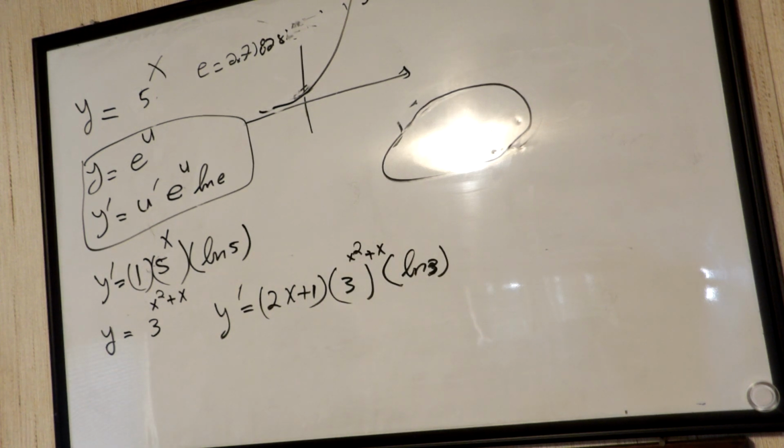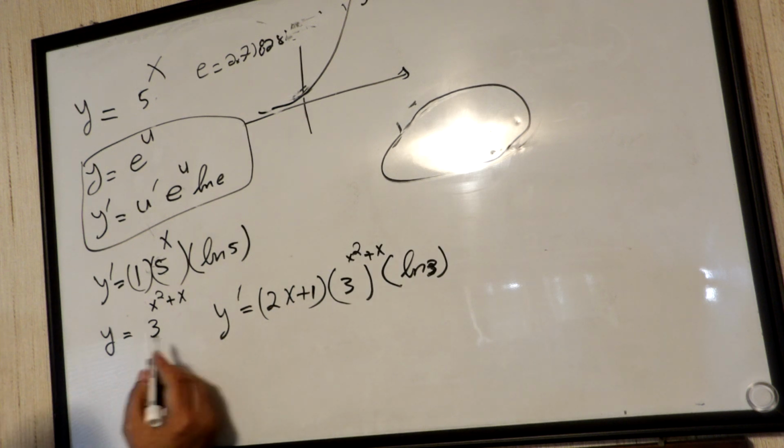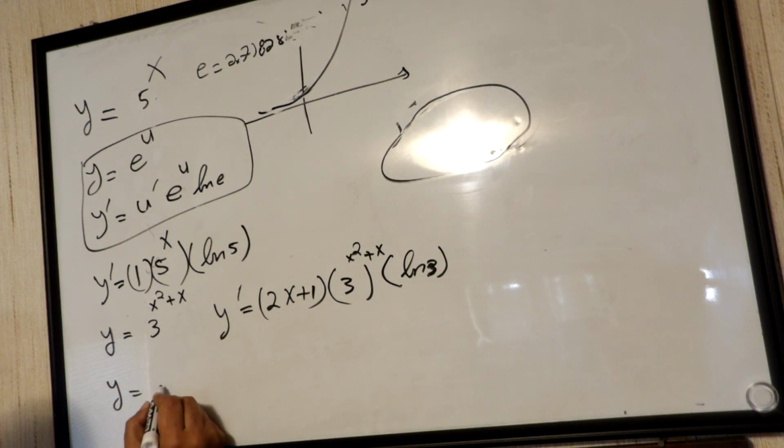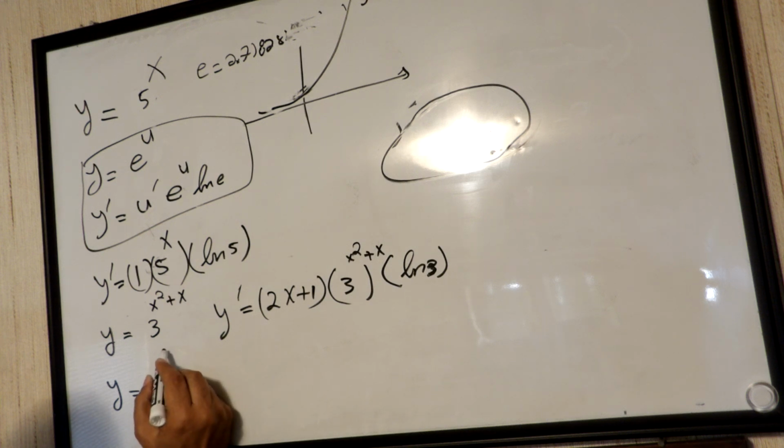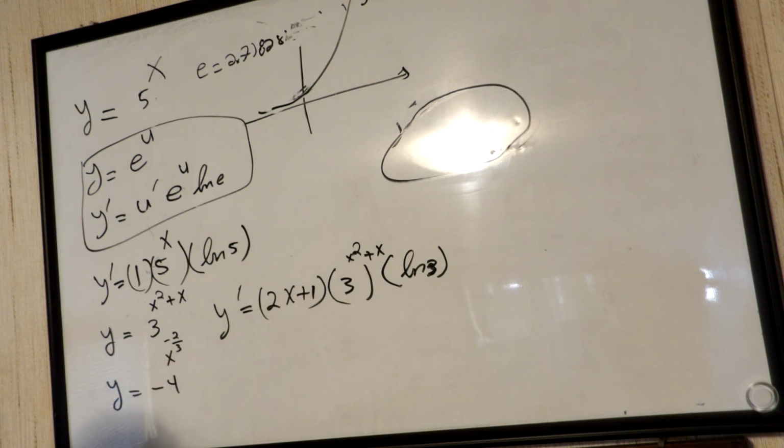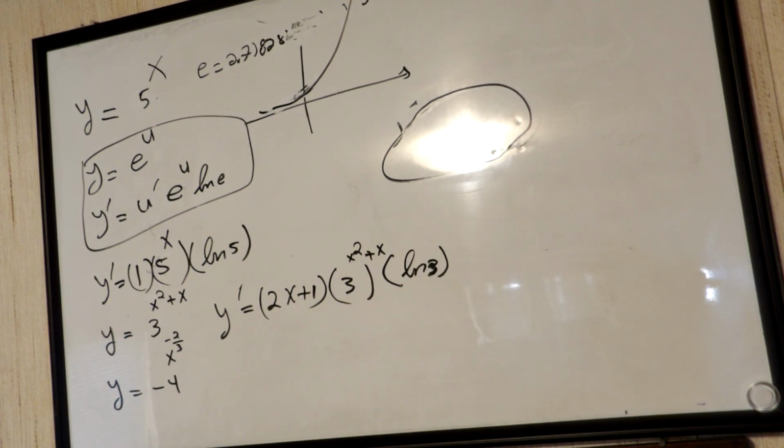So there are many other things. It might be, say, minus 4x to the power of minus 2 over 3. Let's try this one, okay?